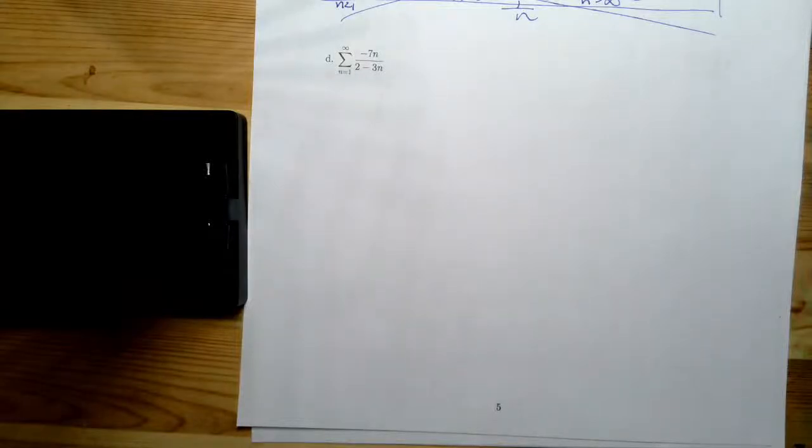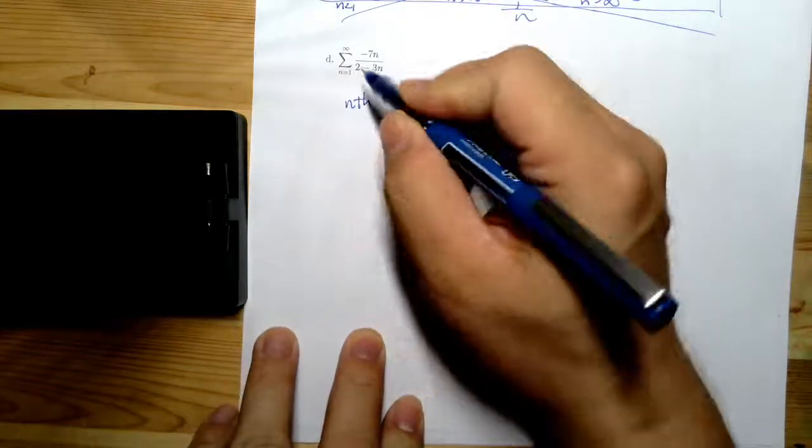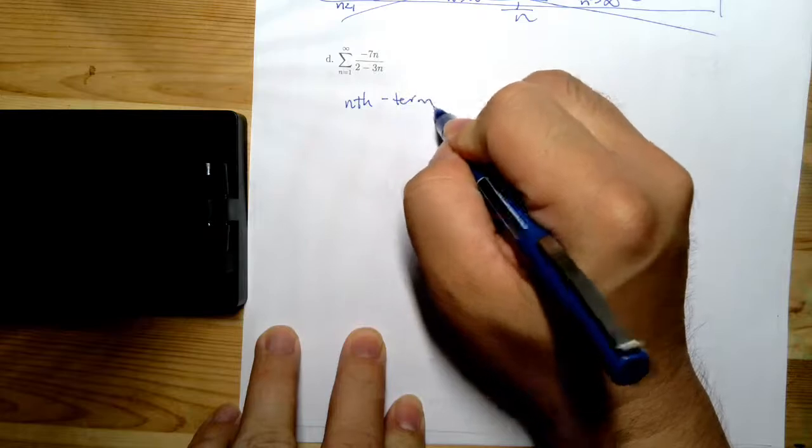Okay, so let's continue to look at the next one. Negative 7n over 2 minus 3n here. So for this series, the easiest one actually is using the nth term test.